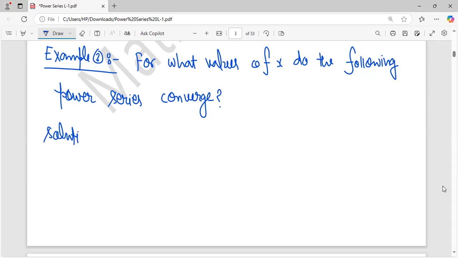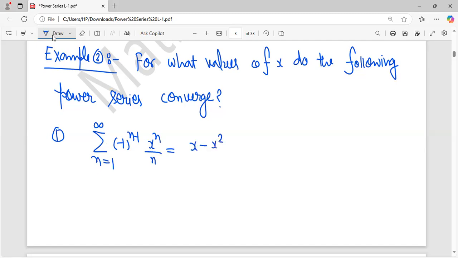Solution. What are the power series? Let's see. Summation n goes from 1 to infinity of (minus 1) to the power n minus 1 x to the power n upon n. What is this? x minus x square upon 2 plus x cube upon 3 minus x to the power 4 upon 4.